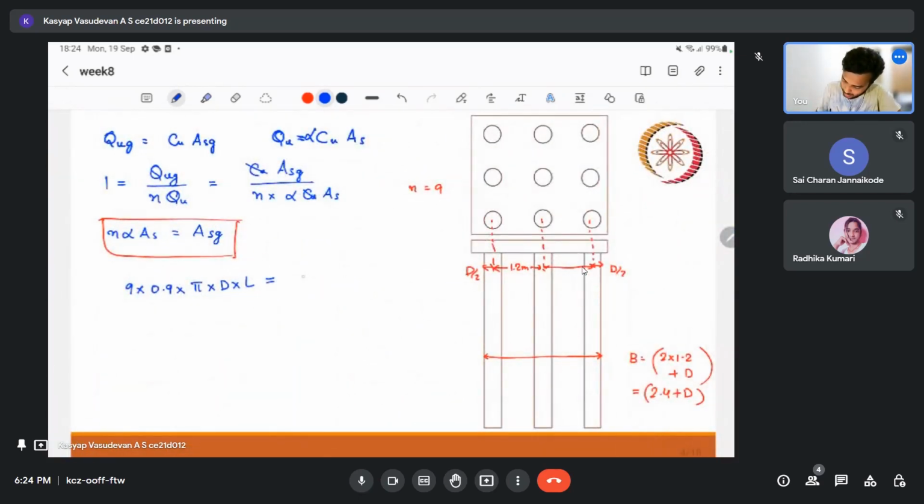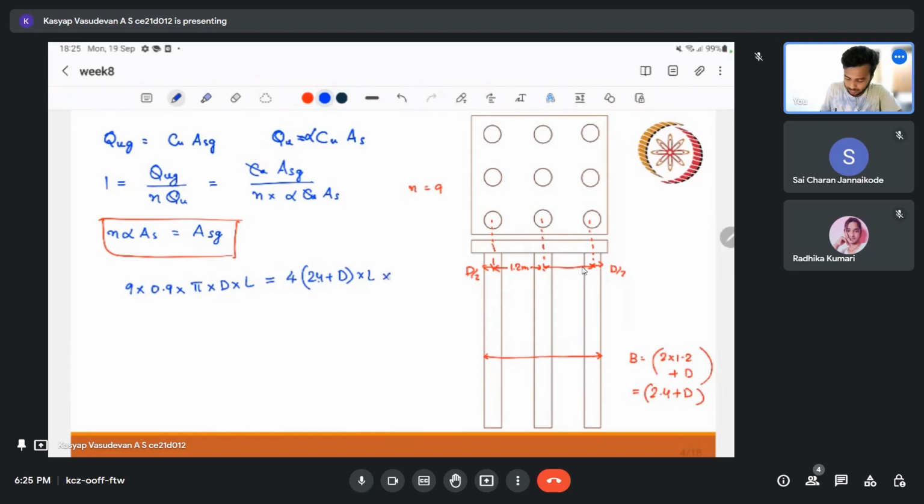And ASG for the block: for the group, what will be the shaft resistance? That will be the perimeter of the pile group. So we know the width of the pile group, so the perimeter is 4 into B. That is B is nothing but 2.4 plus d, and that perimeter into the length of the pile group, that is L.